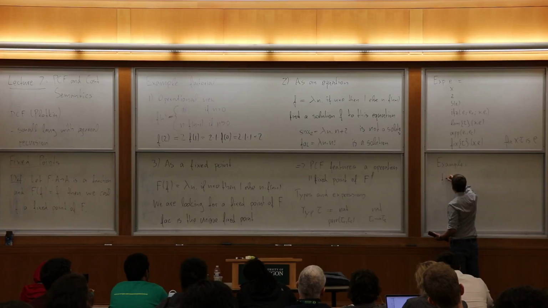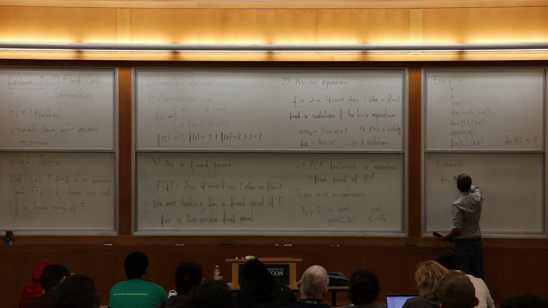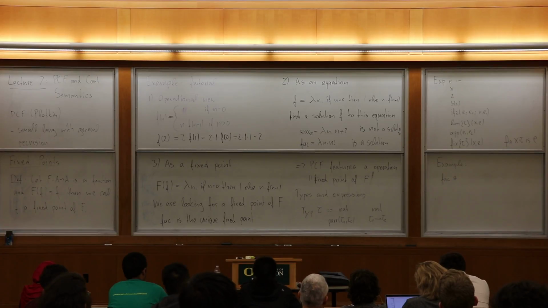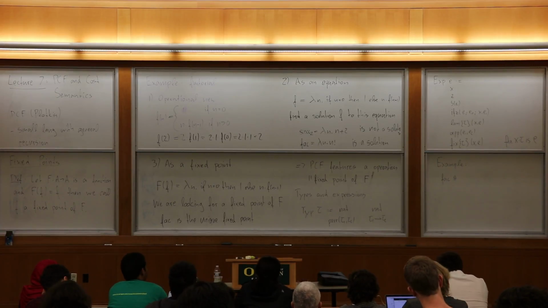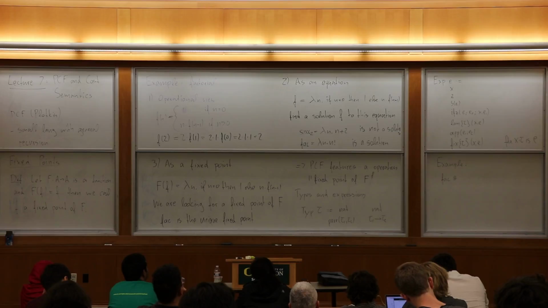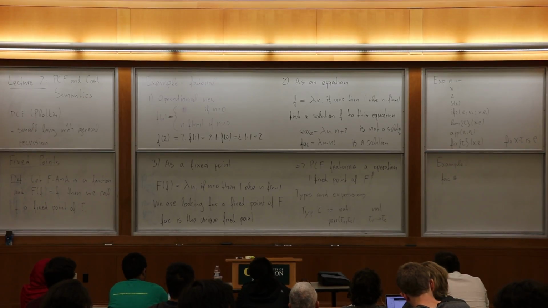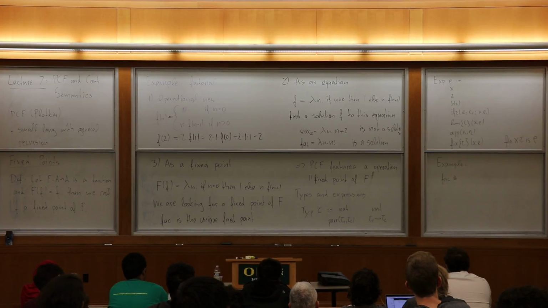Okay, so the factorial function. This means, like, it is defined as a recursive function. So it's a fixed point, and it's a function from natural numbers to natural numbers.